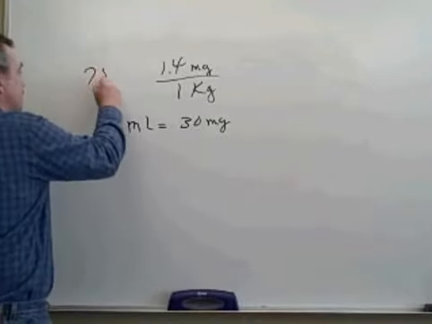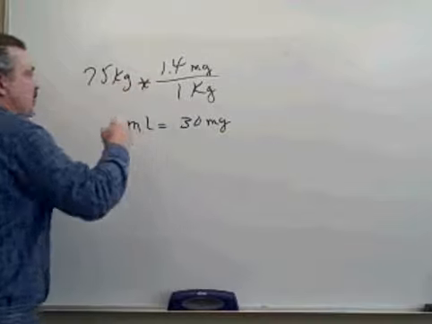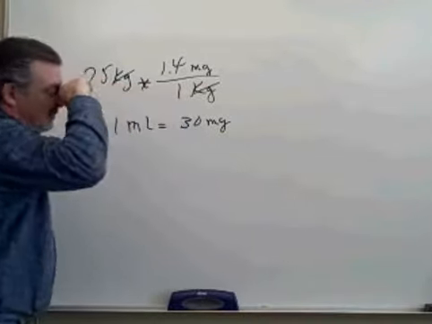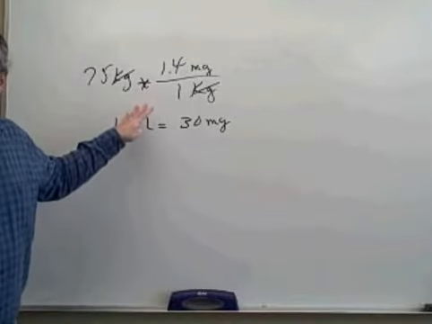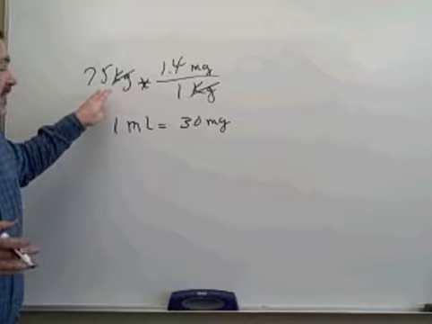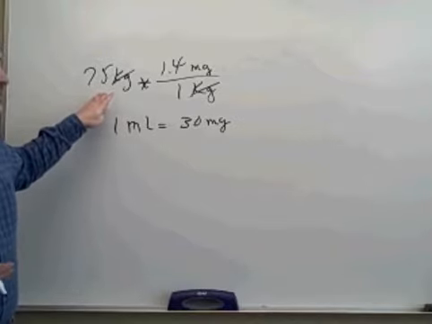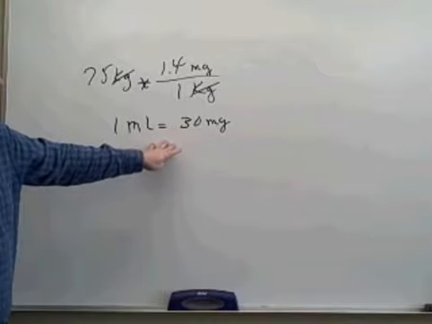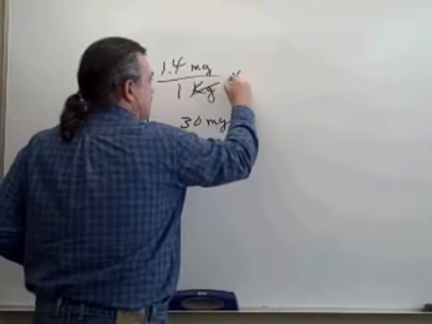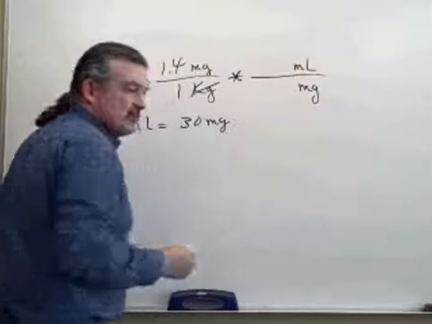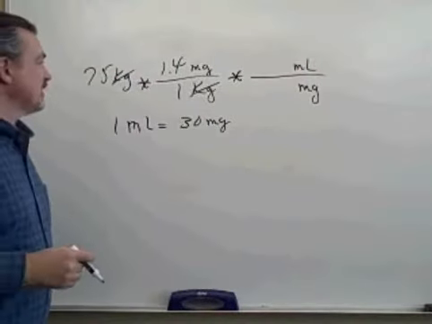So we're going to start, as we've done before, with that patient's weight so that we can cancel the kilograms, and if we did that arithmetic, we would then know the proper number of milligrams that a patient of this weight should receive. Now we want to put in our strength equivalents so that we can get rid of the milligrams and end up with milliliters of the solution that we would need to inject.